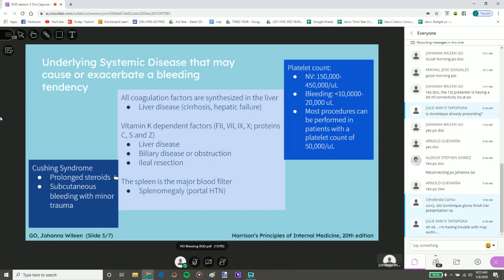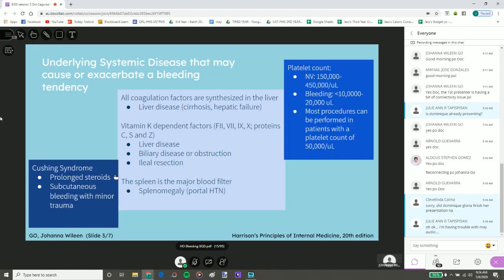We also know that all coagulation factors are synthesized in the liver. So any disease that could decrease the synthetic ability of the liver, for example, cirrhosis or liver failure, can decrease the amounts of coagulation factors and therefore put the patient at increased risk of bleeding.